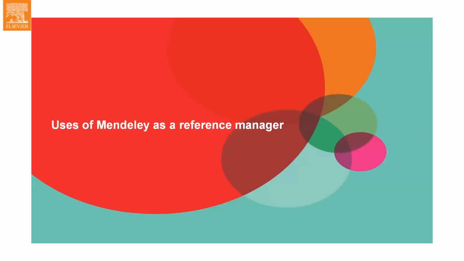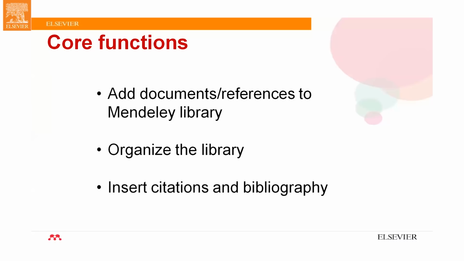So Mendeley as a reference manager adds documents or references to your Mendeley library. You can personally organize your library, and then you can insert citations into your document. I usually use Word documents, so into your Word documents, and insert a bibliography as well.